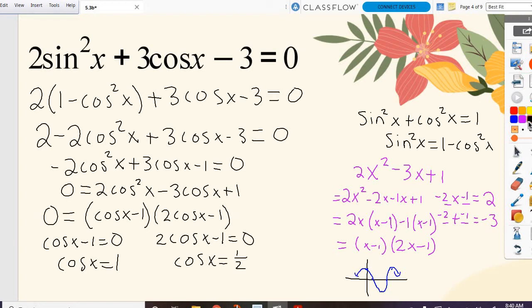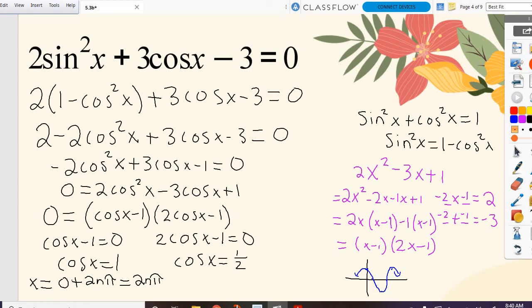So we want to look at the first spot that cosine of x equals 1, which notice is going to be at 0. So we would say x equals 0 plus 2n pi. But notice that we could also just simplify this to be 2n pi.